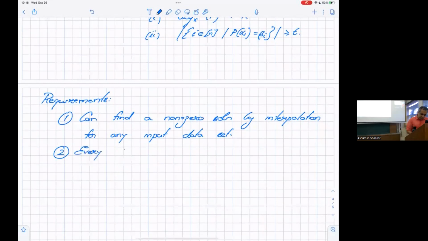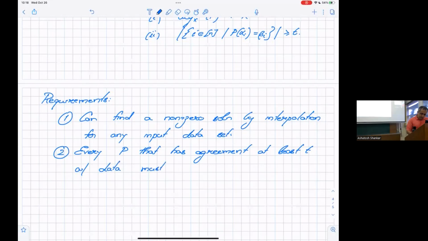Every P that has agreement at least t with the data must appear as a factor y minus p of x in q of x.